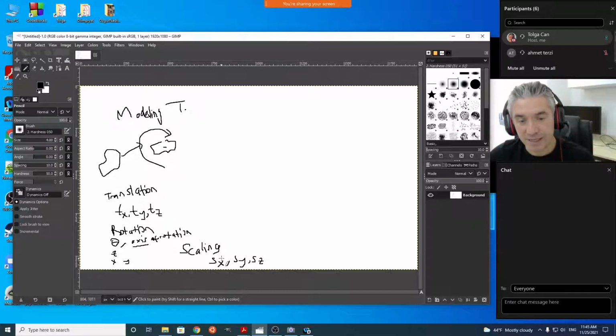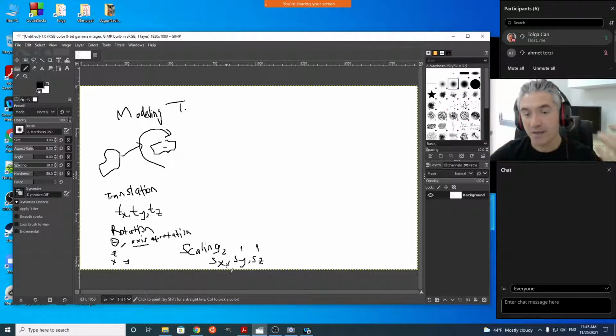For example, if this Sx is 2, Sy is 1 and Sz is 1, which means that its y and z coordinates don't change. If you have a cube, we may want to enlarge it twice in the x direction, making the cube a rectangular prism. Okay, so these are the parameters.